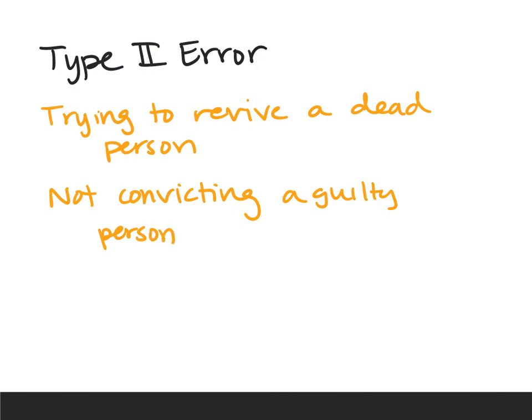So again, in both of these cases, this is still a mistake, and we don't want to make a mistake if we can help it. However, this is just less severe.